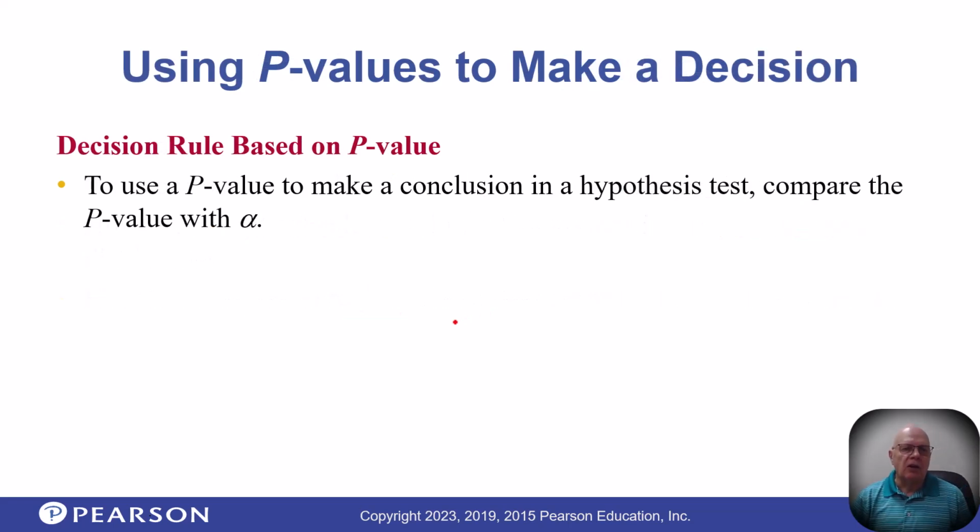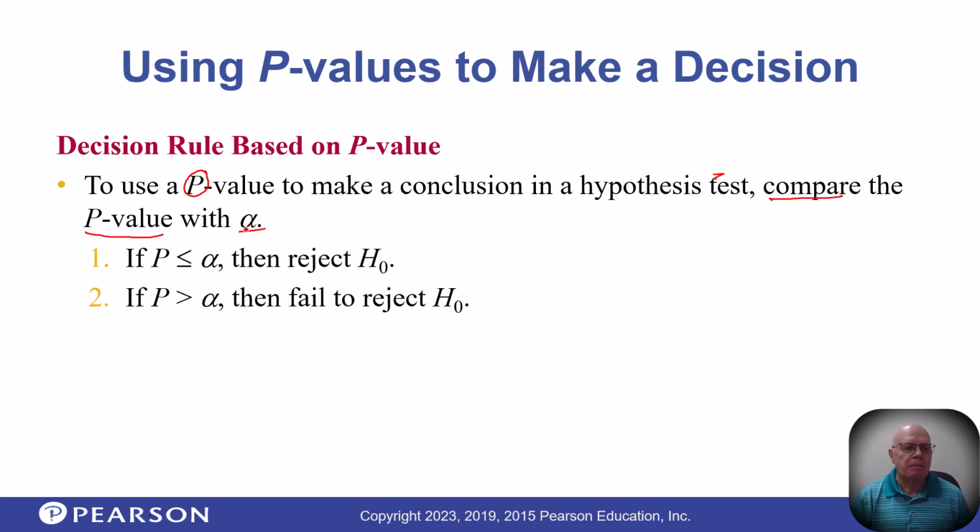So here we go. We're going to use a p-value. P stands for probability. And using that, we'll make a conclusion about the hypothesis test. And to do that, we're going to compare the p-value that we get with alpha, which is the level of significance. And here's how we do it.